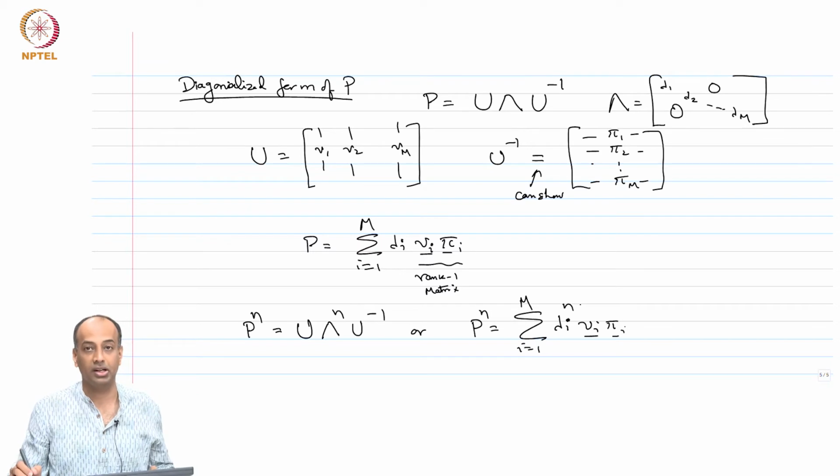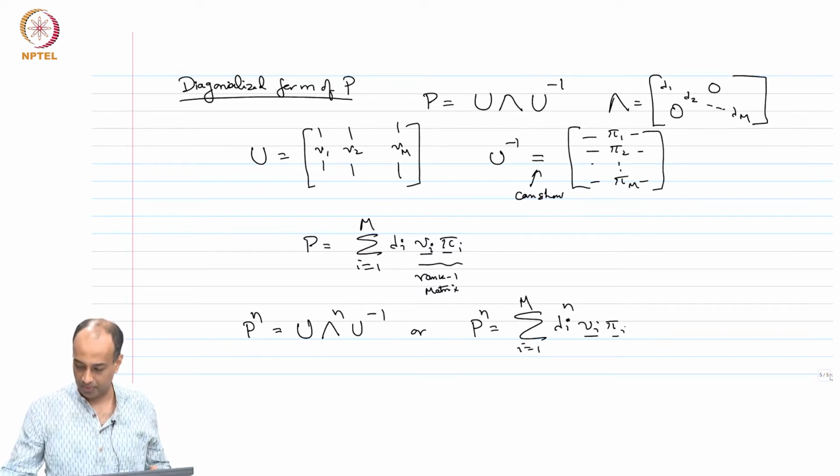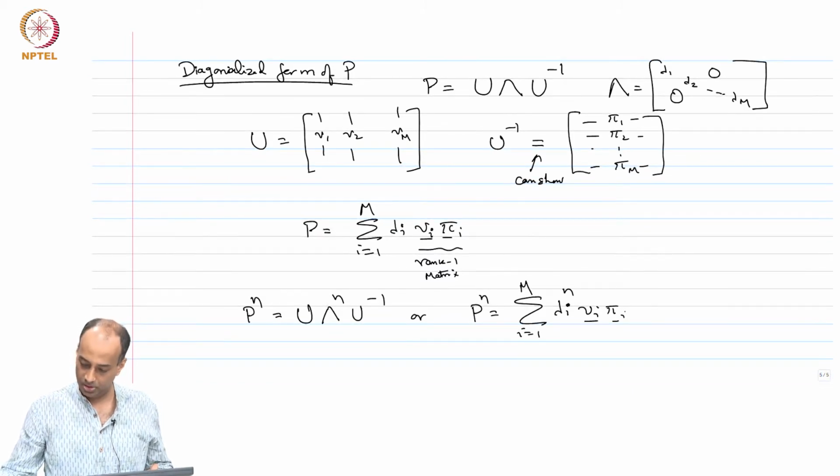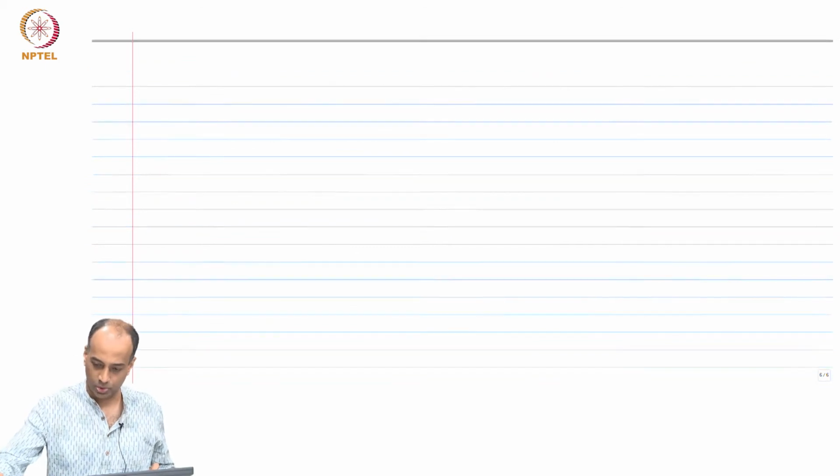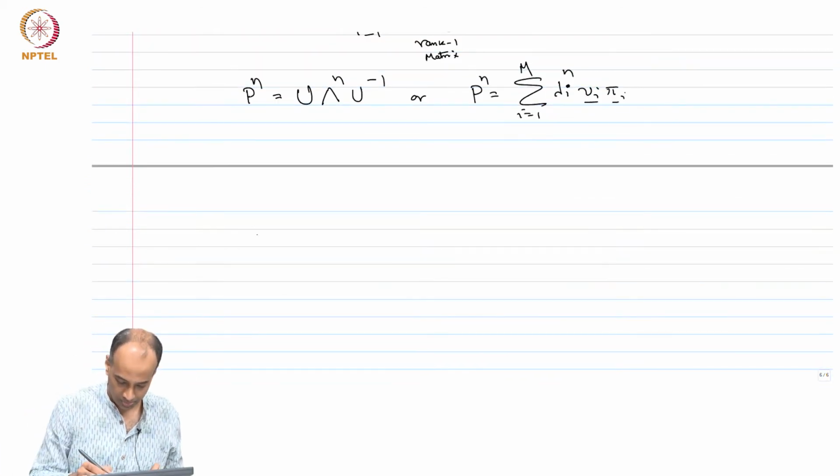This is the spectral decomposition of the matrix P power n. But we know that lambda 1 is equal to 1, nu 1 is equal to E, and pi 1 is equal to the stationary distribution pi. So, I can just pull that out as a special term.